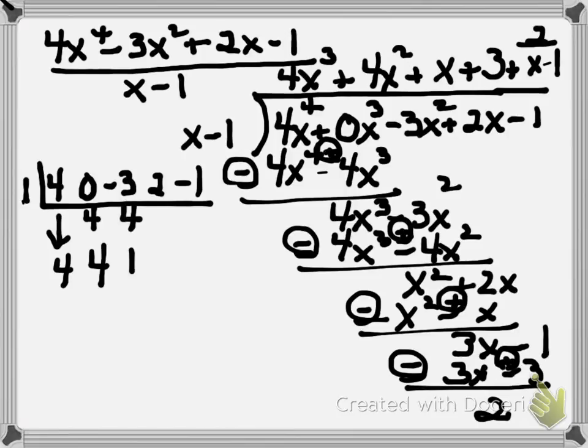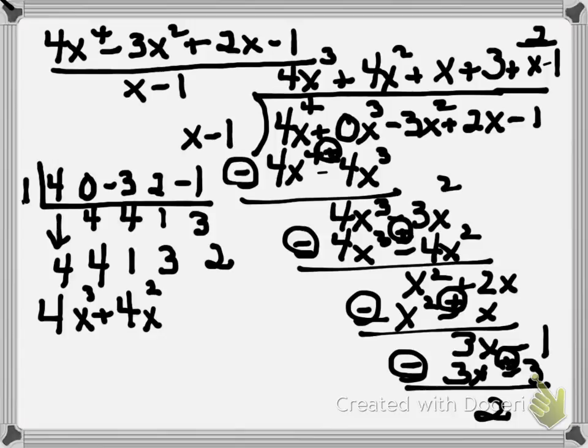Negative 3 and 4 is 1. 1 times 1 is 1. 2 plus 1 is 3. 1 times 3 is 3. Negative 1 and 3 is 2. So this would be 4x to the third plus 4x squared plus x plus 3 with the remainder of 2 over x minus 1.